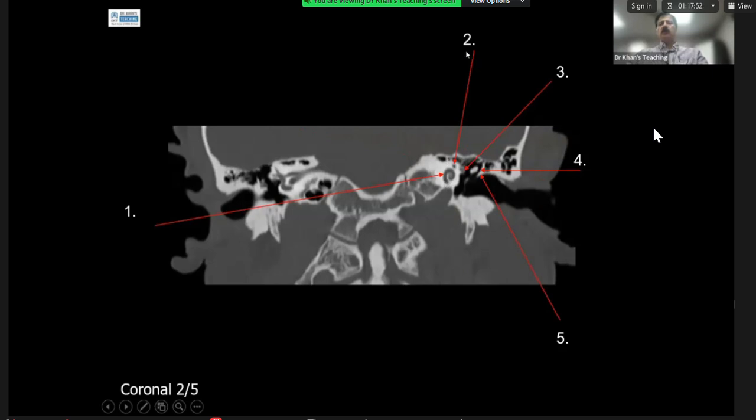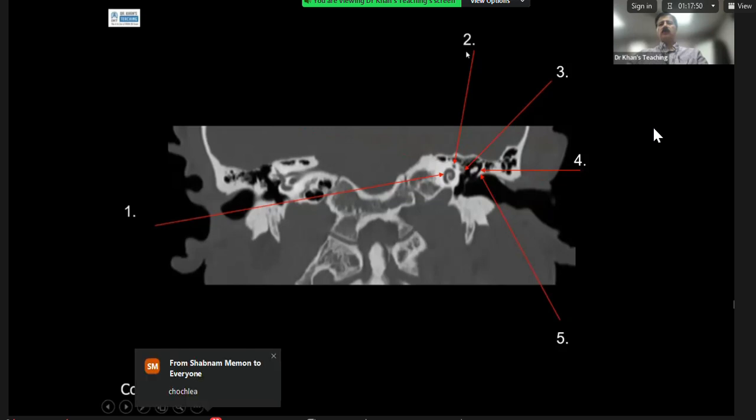And number 2? Labyrinthine facial nerve. And number 3? Tympanic facial nerve. And this one is the bone, and this is that space, this black space.